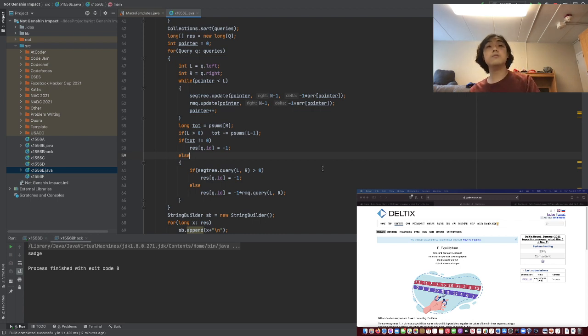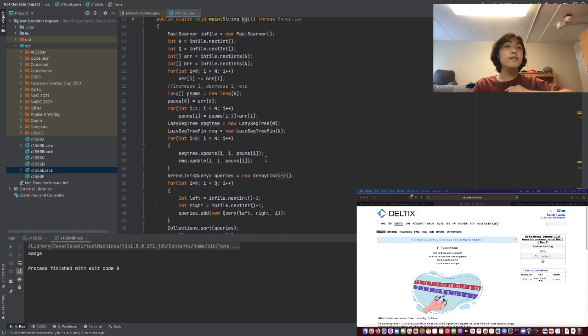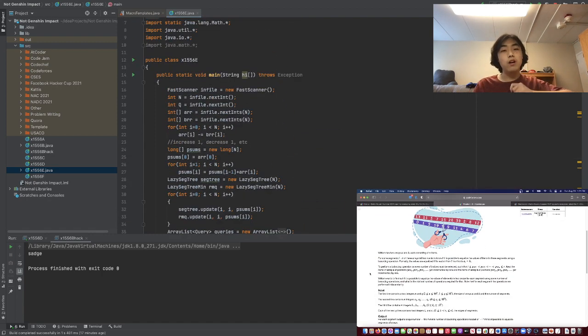What you can do is think of it like this. All we care about is whether a number in array A is equal to a number in array B. We don't actually care what A is equal to. All we care is that it's equal to B.